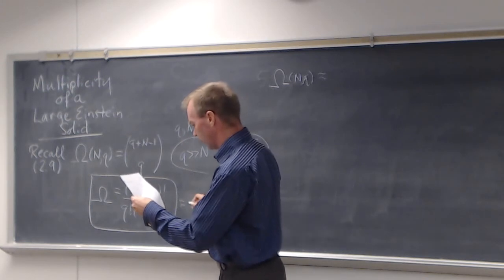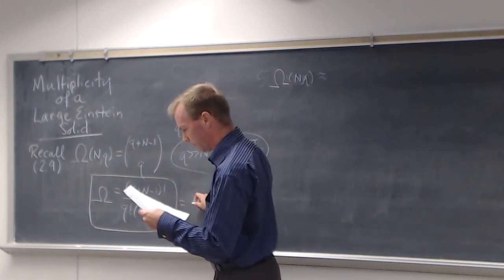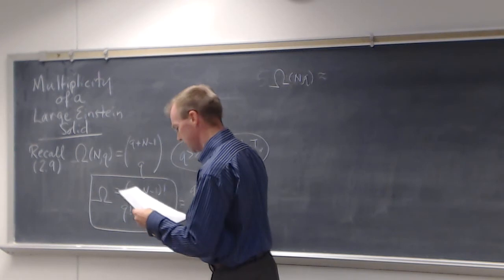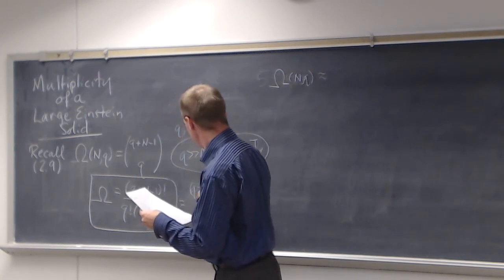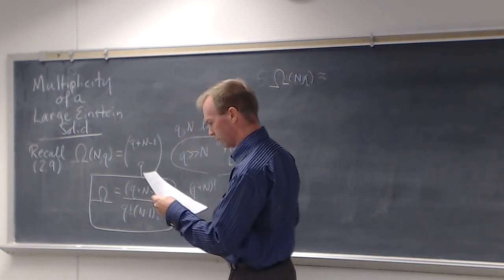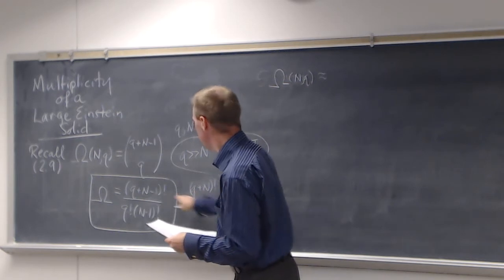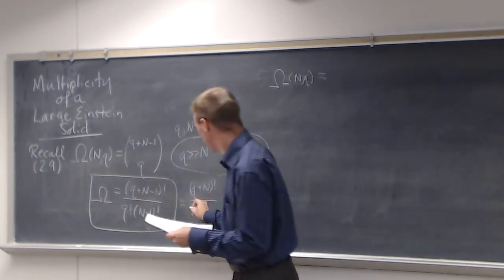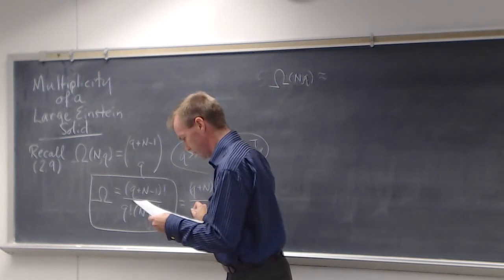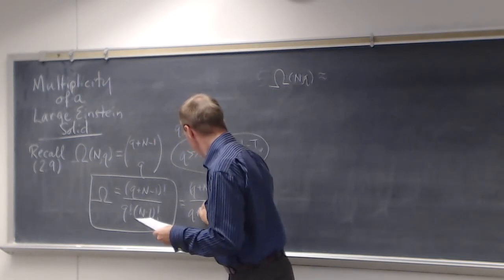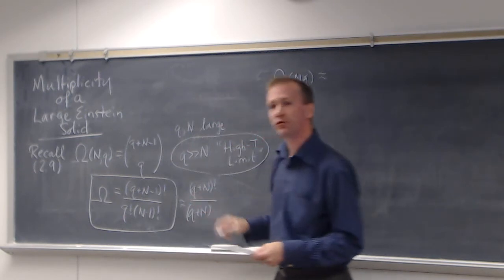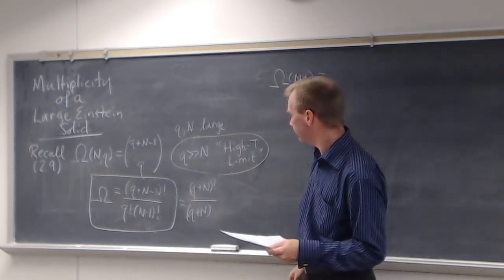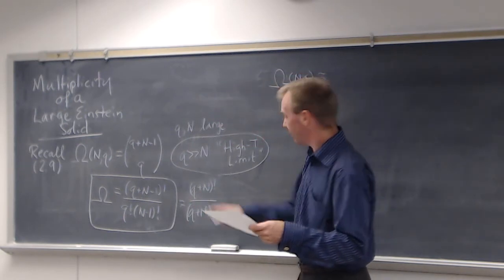Okay, so we can put this into the form q plus n factorial. Q plus n minus 1 factorial is q plus n factorial over q plus n. Think about that.